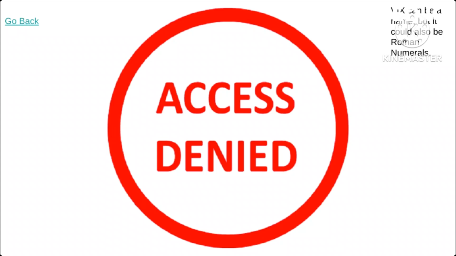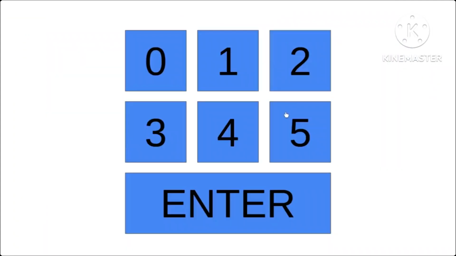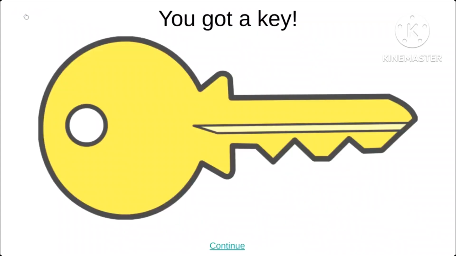So what is VIX in Roman numerals? Well, it is 5, 1, and 10, or 5, 1, 1, 0. So you can go back, go to the safe, 5, 1, 1, 0. Enter. Access granted. And then you got a key.